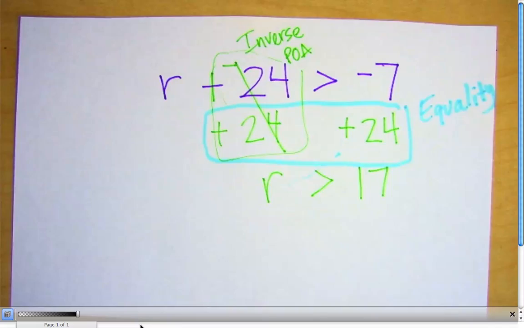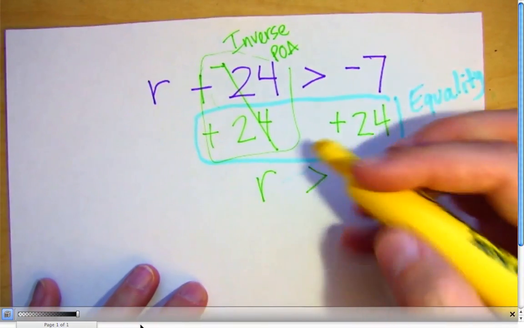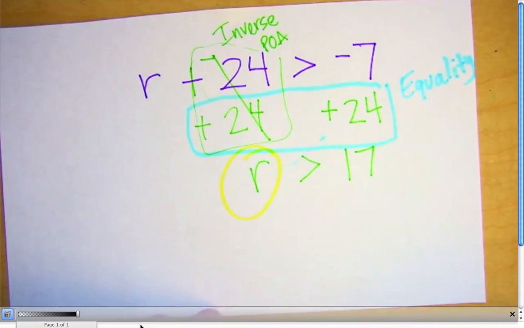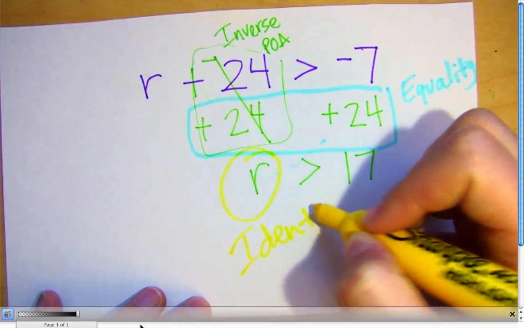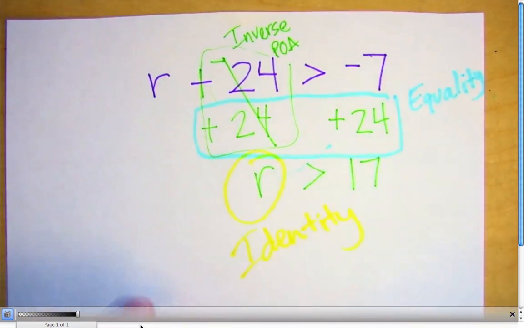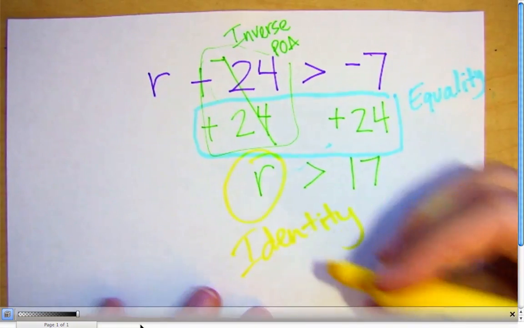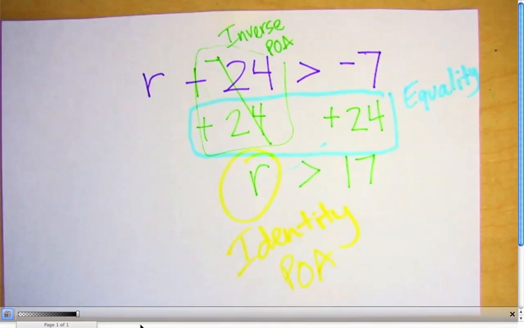And then my identity property isn't as obvious here, but the reason I can write just r instead of r plus 0 is the identity property. r plus 0 would be the same thing as just r. So I just skip that r plus 0 step and go ahead and write the r. And that's how you solve one-step equations with adding and subtracting.